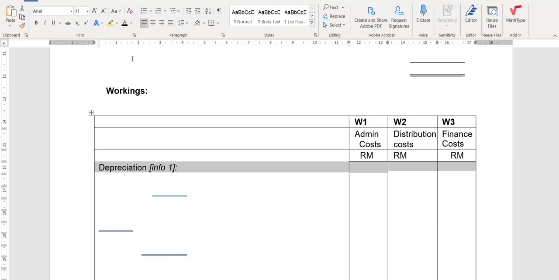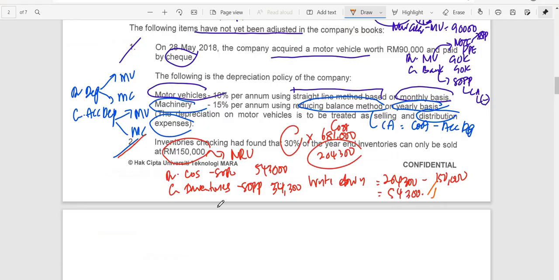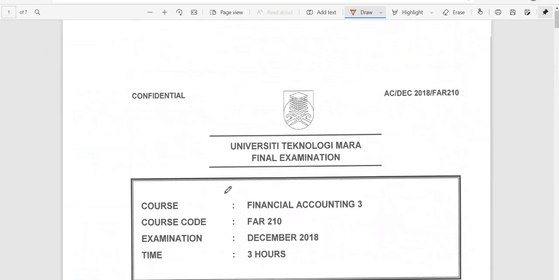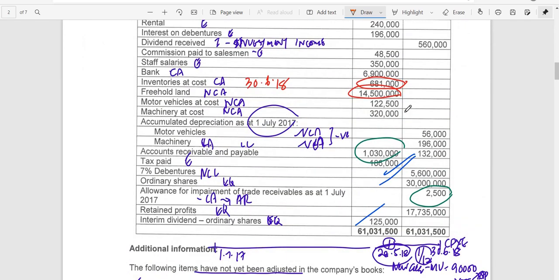First one is to take what was given. So first I'm doing things on depreciation as I promised. Remember information number 1. Let's start with that. The first one is for machinery. The cost of the machinery given in the question is 320. No changes to the machinery, no new purchase, no disposal.